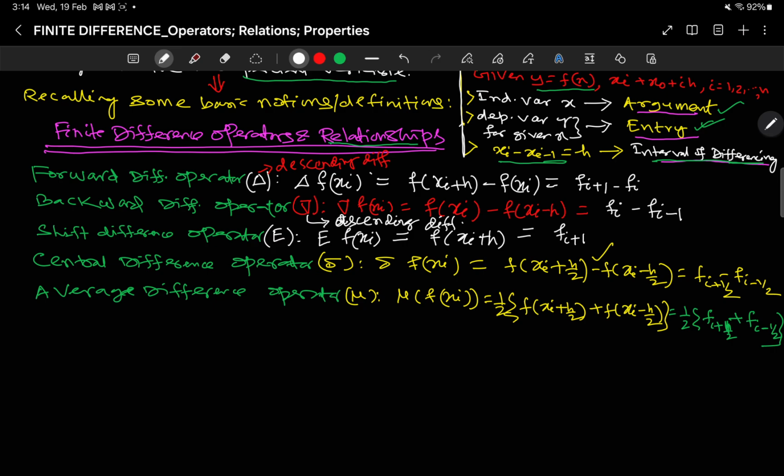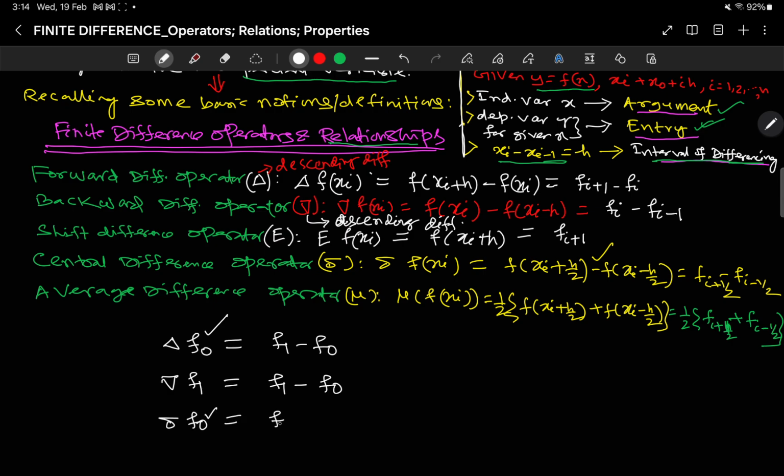Now for example, if I ask delta of f0, what does it mean? It means the next, f1 minus f0. Inverted delta of f1 means the same f1 minus the previous f0. Central delta f0 means it is incremented by half.